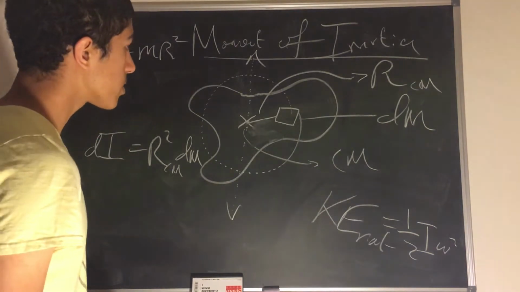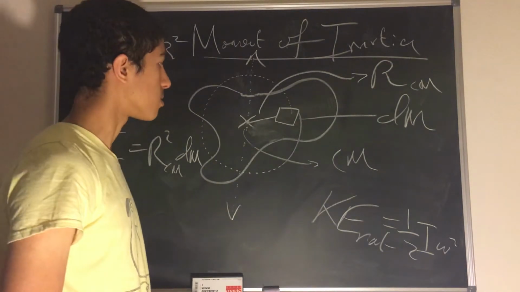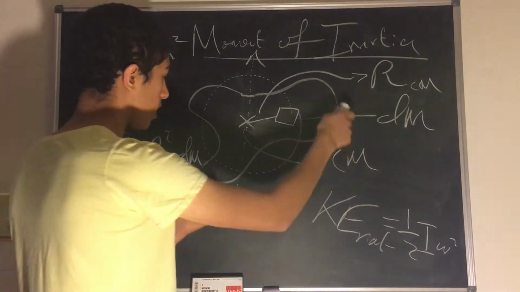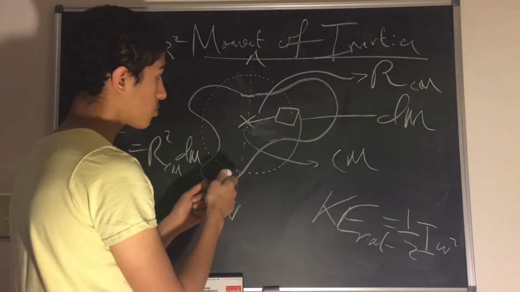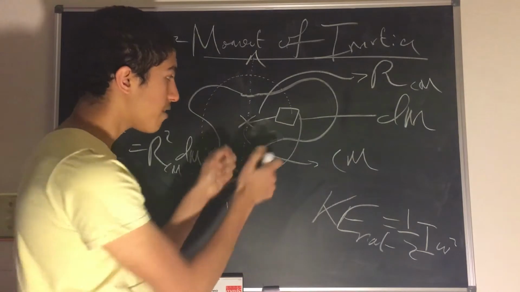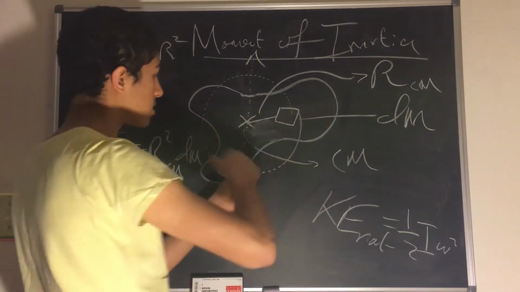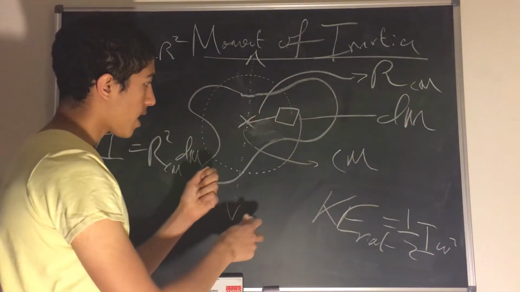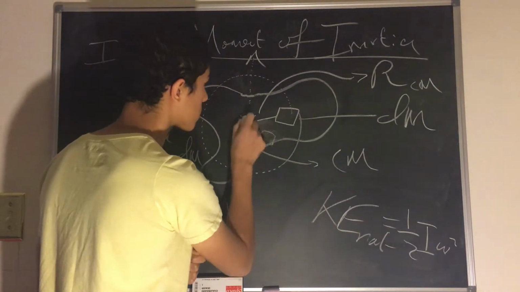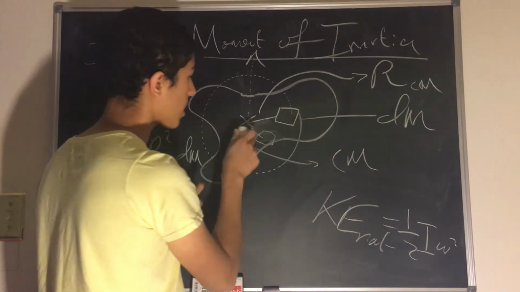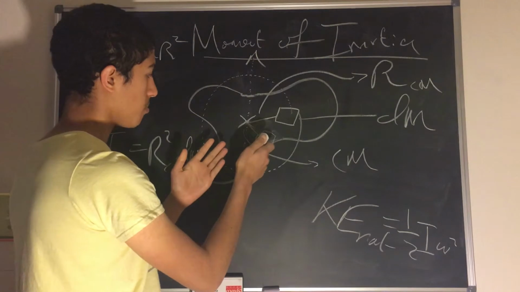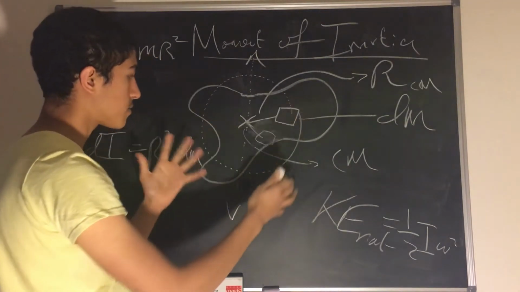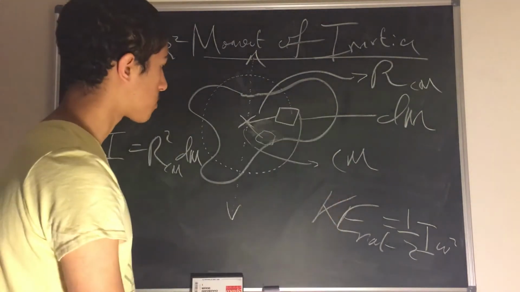And what we would like to do is find the total moment of inertia. So we would like to take into account every single dm which constitutes this entire rigid body. And that would mean taking into account the radii and the mass for different parts, different sections, different regions of this rigid body.